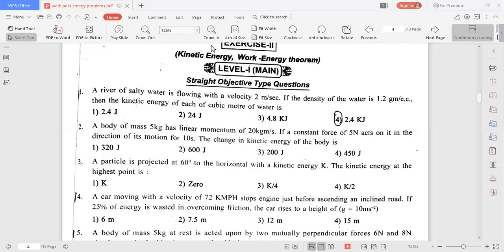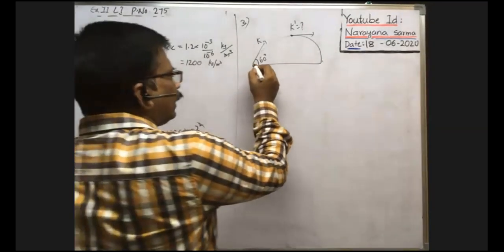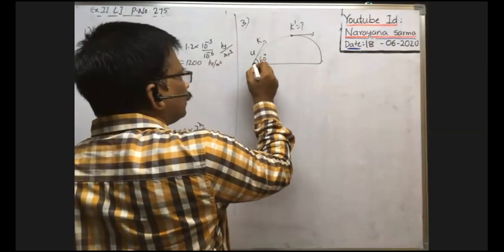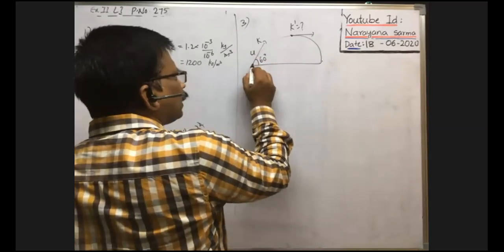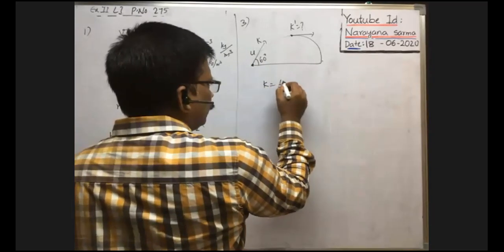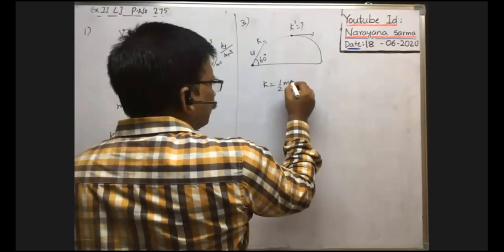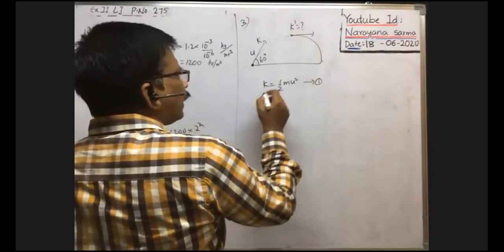Second problem you do, third problem I am doing here. Suppose the velocity of projection is u. Then the kinetic energy at the instant the body is projected is given as K. That means K is equal to half m u square. It is the kinetic energy.